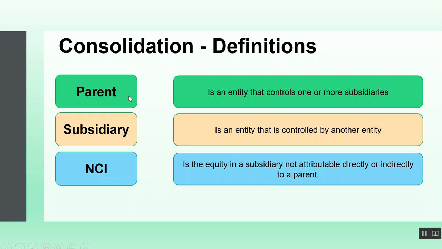For example, a parent has acquired 75% of a subsidiary company and the remaining 25% is held by the non-controlling interest. So this percentage holding in the subsidiary company is known as the non-controlling interest.